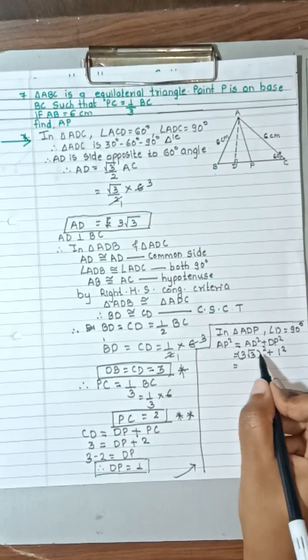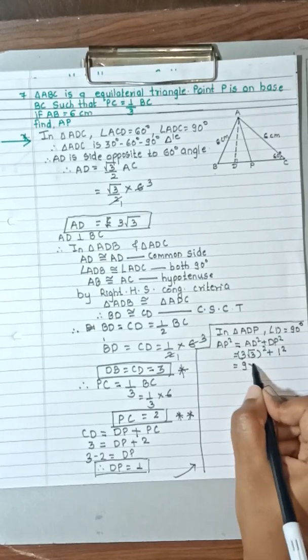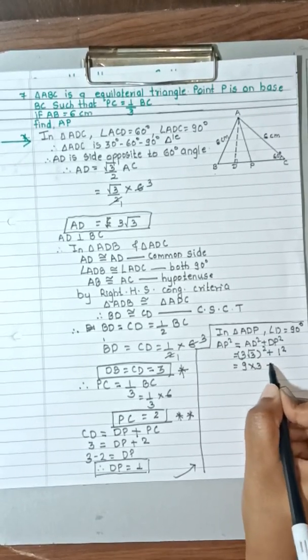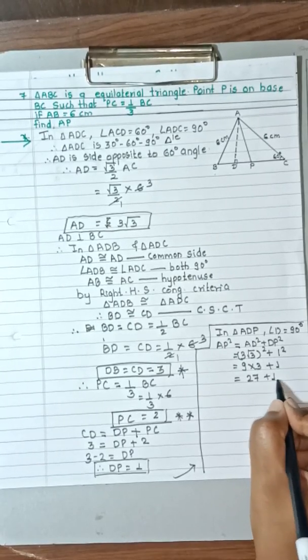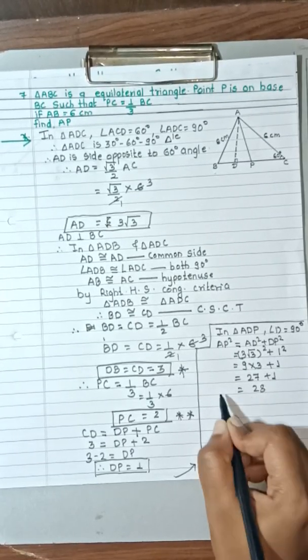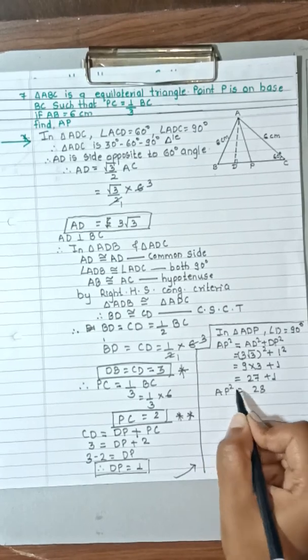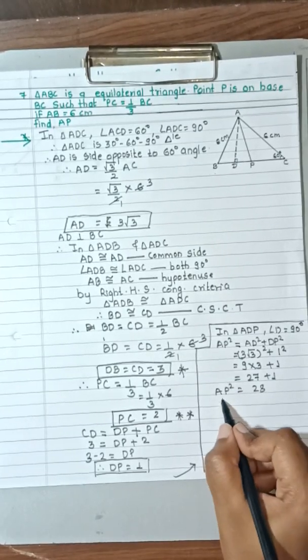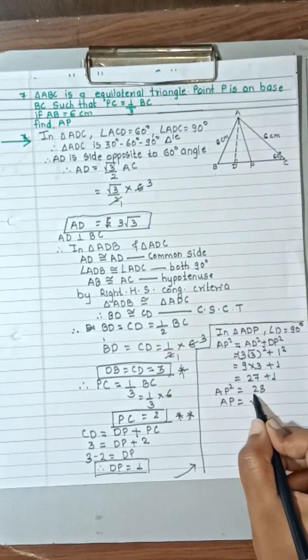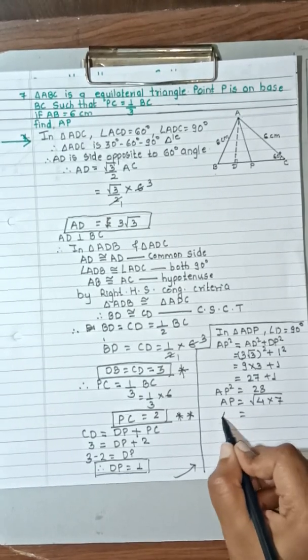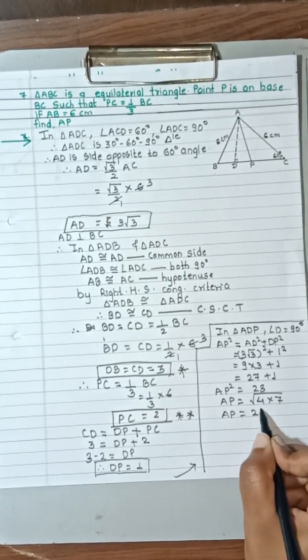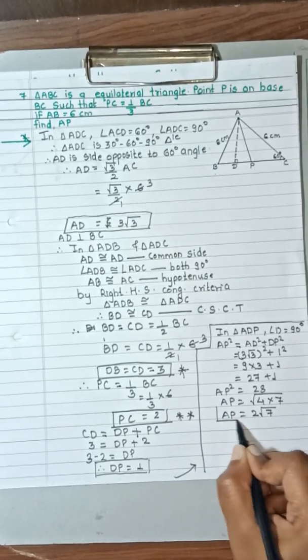Therefore, you can write down 3 square is 9, into root squared will go, it will be 3 plus 1. 3 9s is 27 plus 1, that is 28. That means AP square is equal to 28. But AP can be written as under root of 4 into 7. Therefore, AP is equal to 2 root 7.